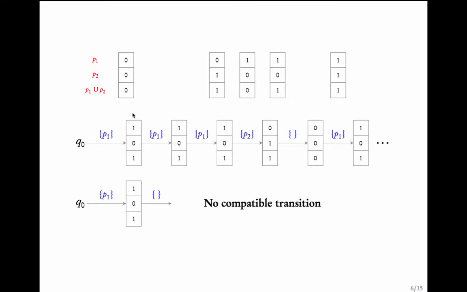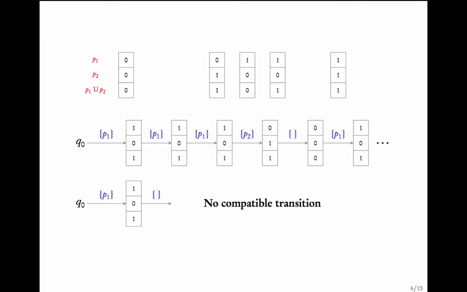The states of the automaton are going to be these 5 along with Q naught. Initially, on reading some letter, the automaton goes to the corresponding state with the last entry being 1. It assumes that in the rest of the word, P1 until P2 is going to be true.